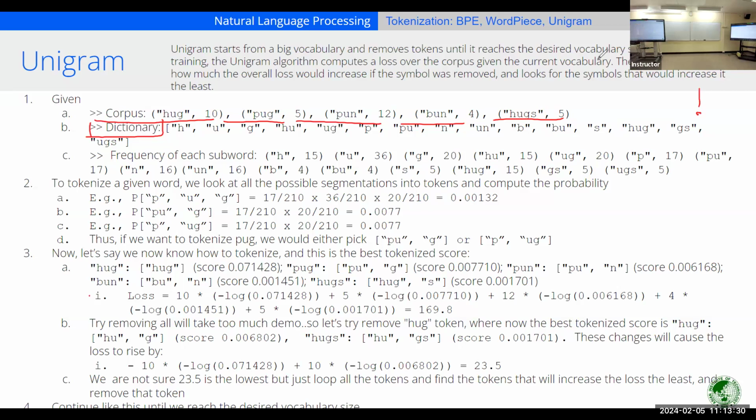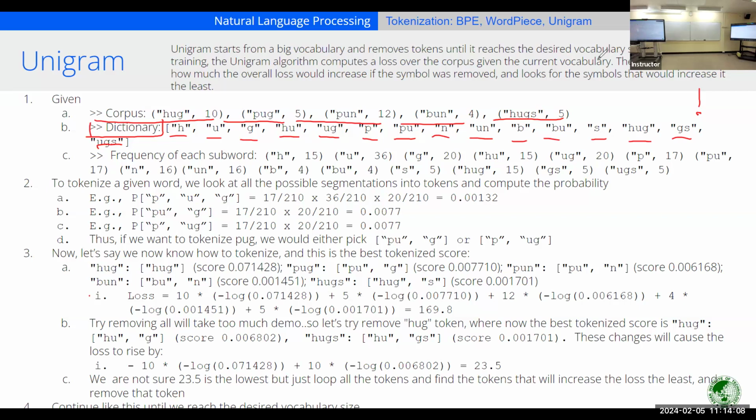Factorial of the unique characters, H, U, G, S, P, N. It's all the possible combinations of these characters. But the combination of the full word is not here. So that is something we have to notice.